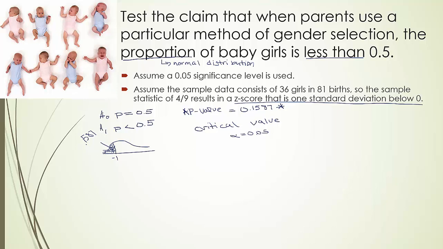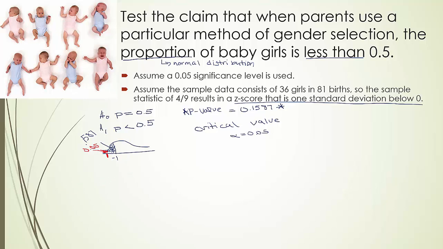And so where would this area down here be 0.05? So we want some area down here, and we want this area to be equal to that alpha level. And that area would also have a z-score associated with it, and that would be called my critical value.